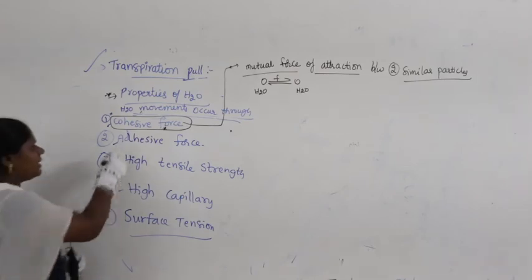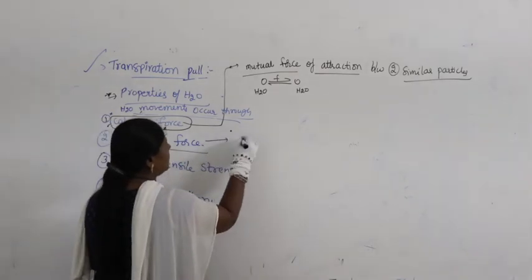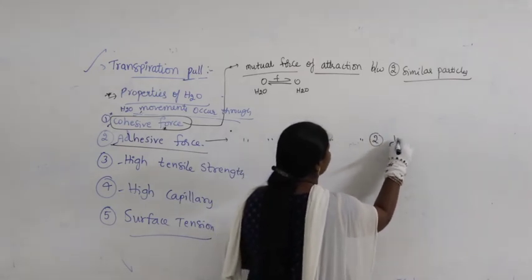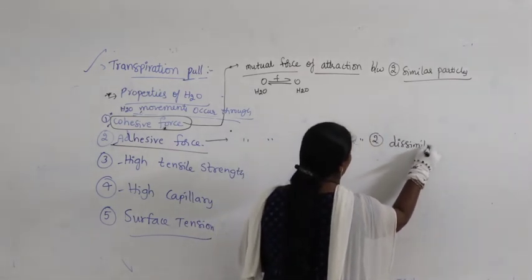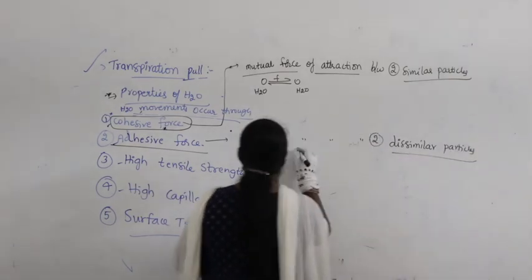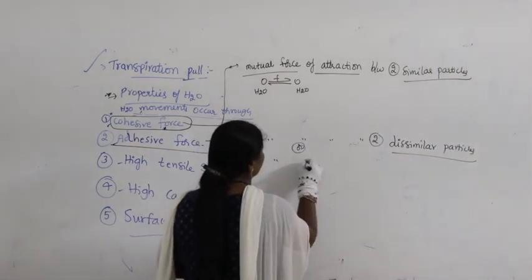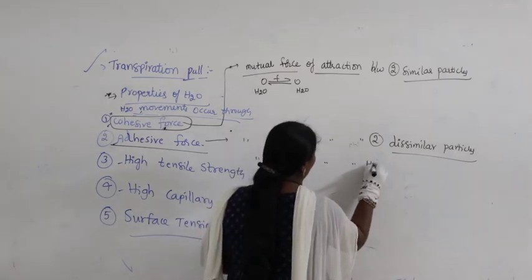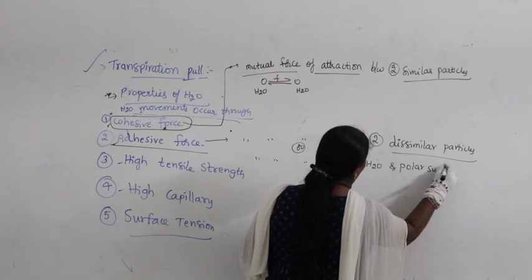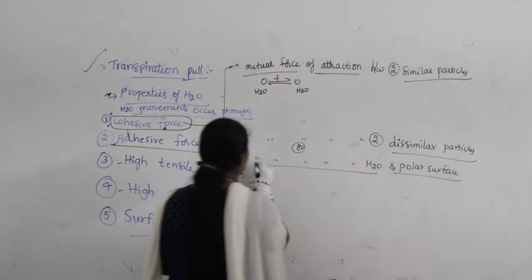Coming to adhesive force, that is the mutual force of attraction between two dissimilar particles, or you can write, the mutual force of attraction between water and a polar surface.